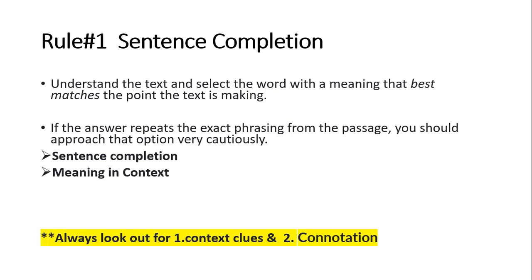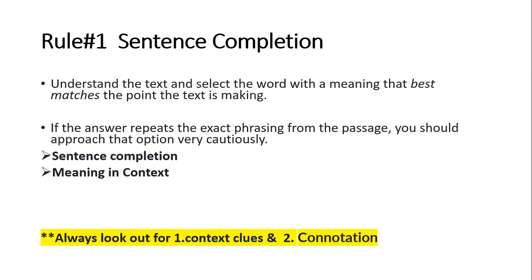The second principle is connotations. What are connotations? Ah, yes, Sherlock Holmes. Guys, you should become Sherlock Holmes, no, you should become vocab Holmes. So, what is connotation? Anybody in the chat box?